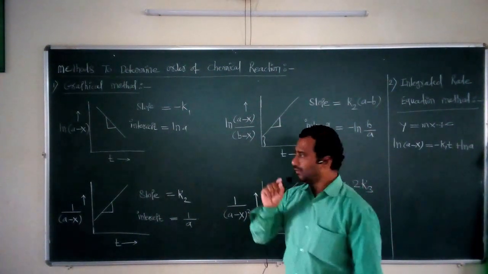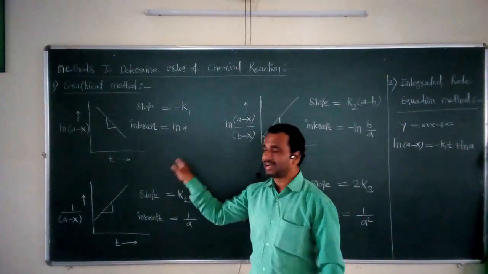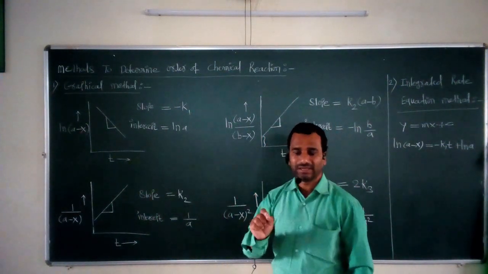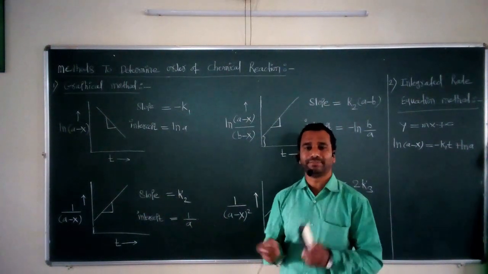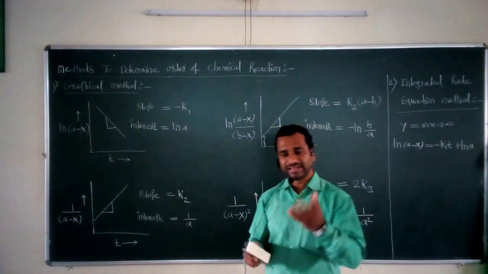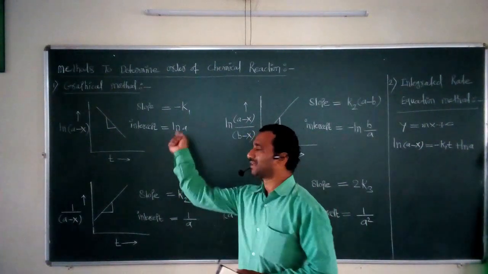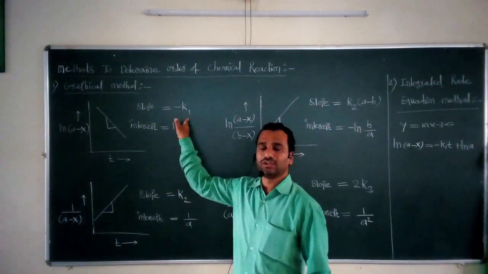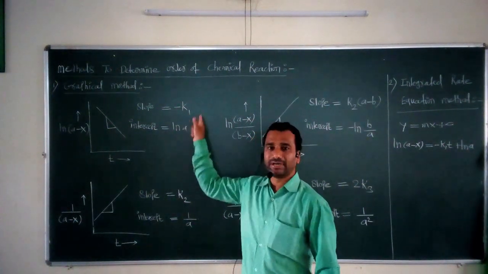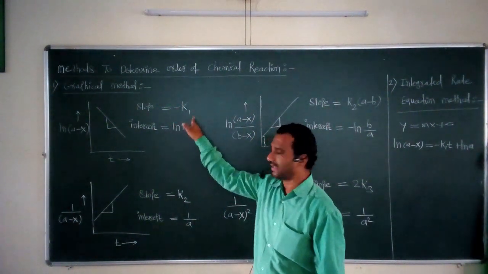Now what is that? First thing is that this is an important method for determining the order of a chemical reaction. This is the first important application of this particular method. The second application is that from the same graphical representation, you may calculate the rate constant for a particular chemical reaction, that is K1 in this case.